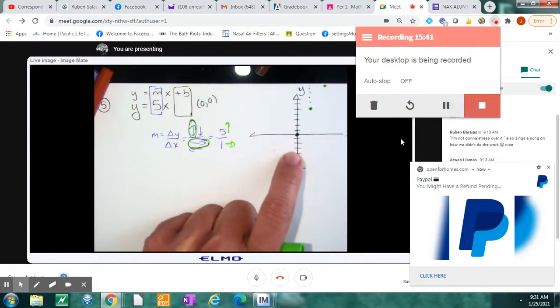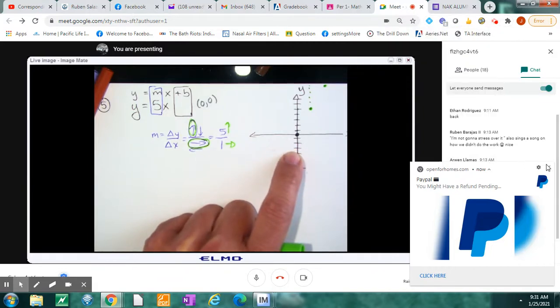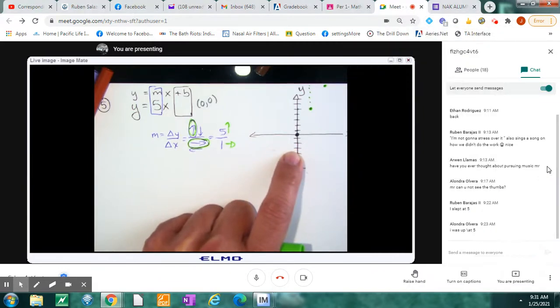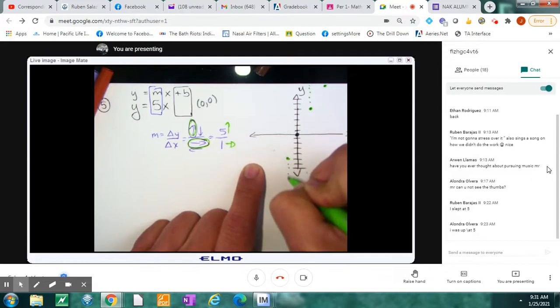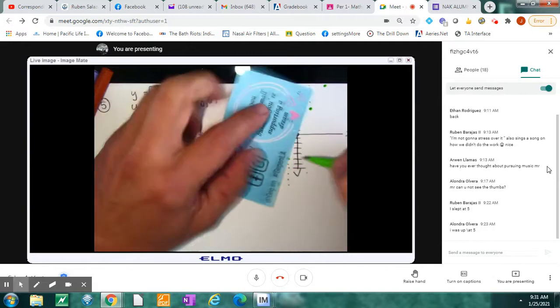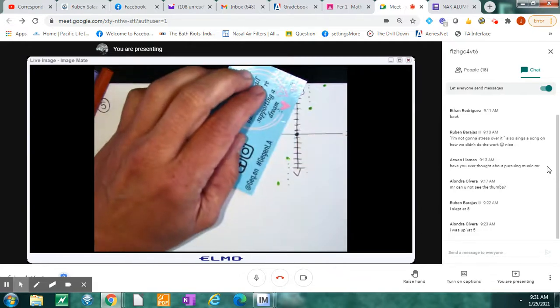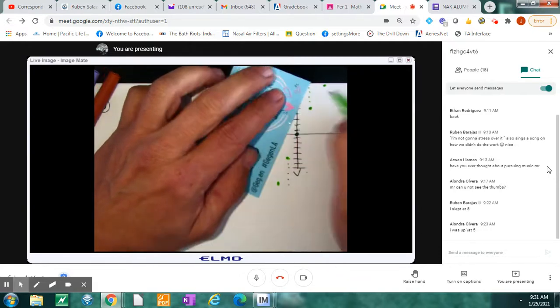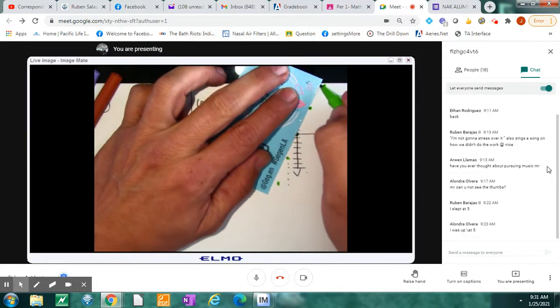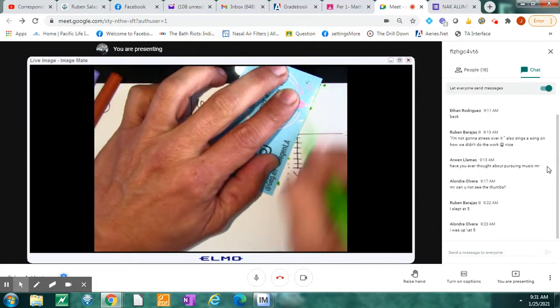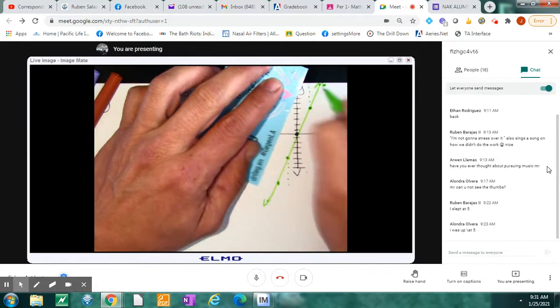Now it's -5, -1. 1, 2, 3, 4, 5, -1. There you go. -5, -1. This one's a little weird, it should have been right there. Okay, bam. There you go.